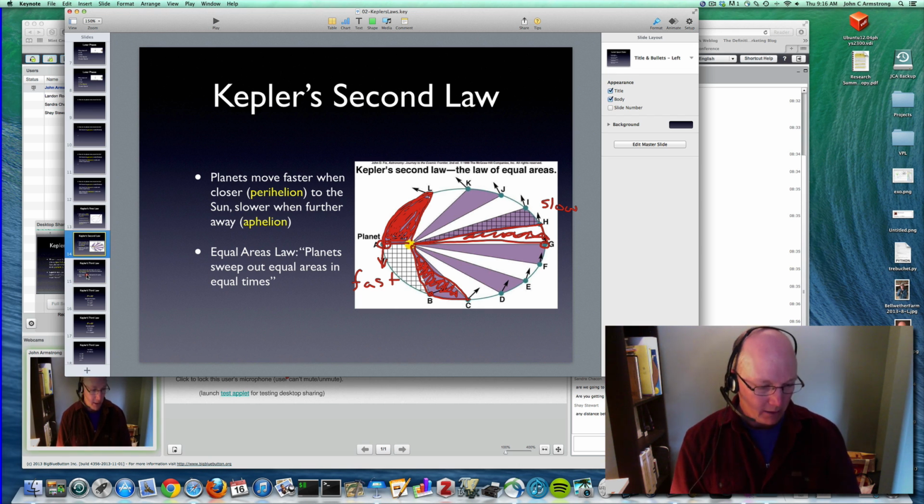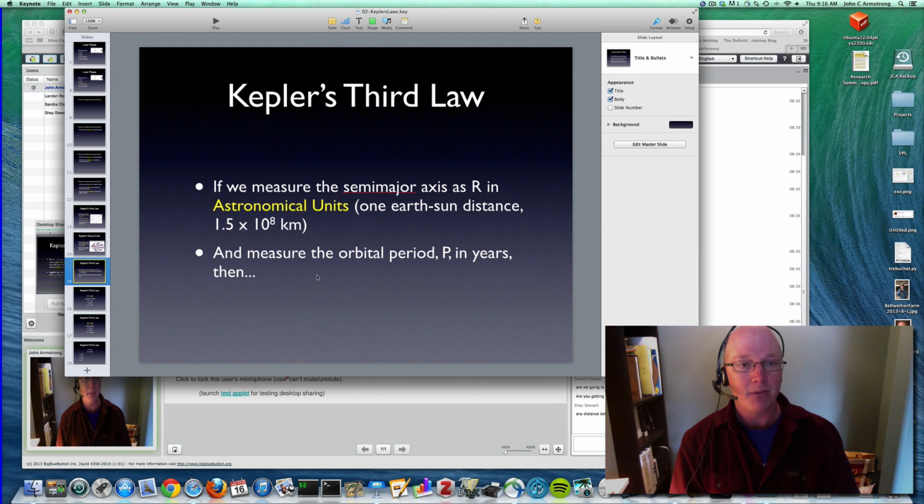For some reason, people like laws in thirds, and so we have Kepler's third law. And this was really cool because Kepler was the first person to put a scale on the solar system, because he said that if we could measure the semi-major axis, which, because we didn't really know how big it was at the time, he just called an astronomical unit, right?